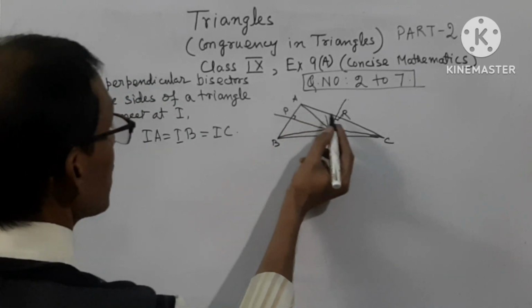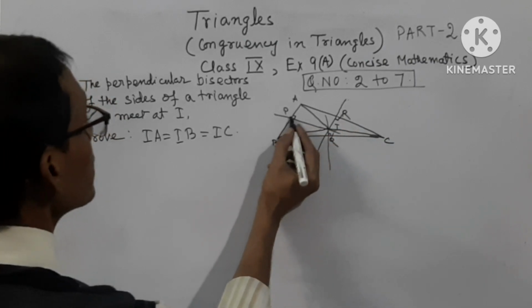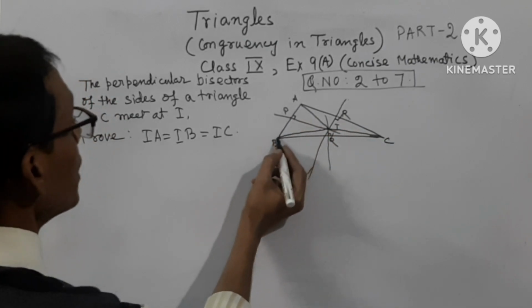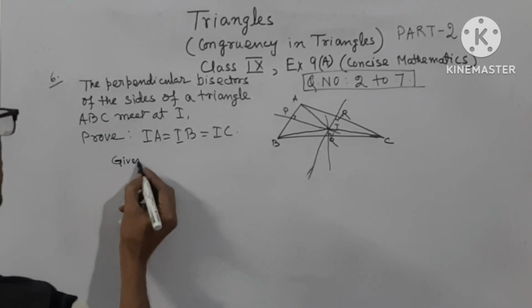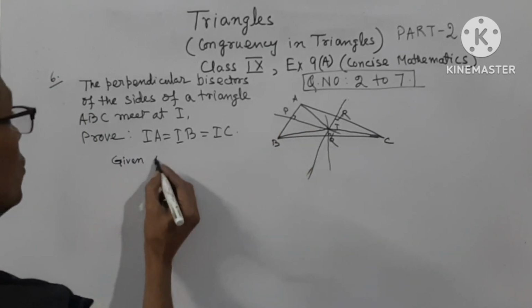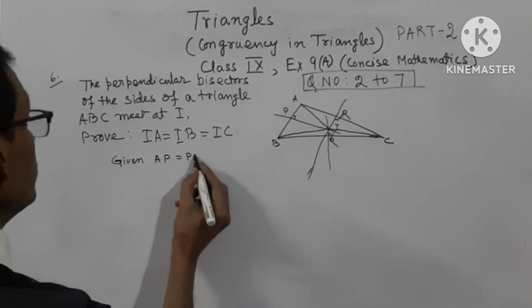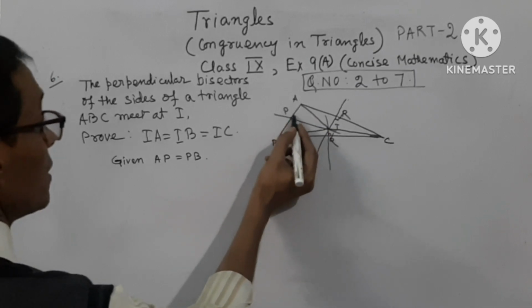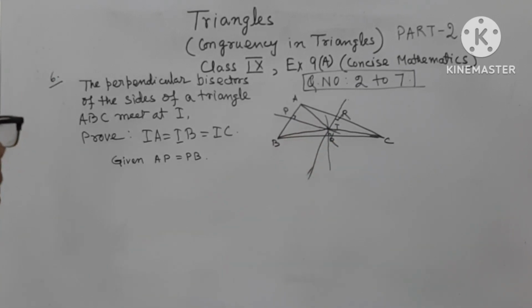So these are the perpendicular bisector. That means P is the midpoint of AB. That means given, what are the given? AP equal to PB, because IP is perpendicular bisector.